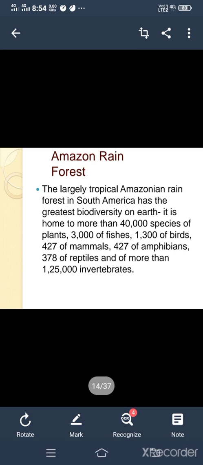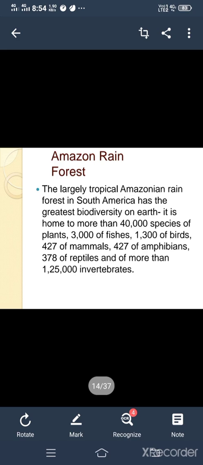It is called the lungs of the earth because a minimum of 10% of the atmospheric oxygen is released from the Amazon rainforest. The largely tropical Amazonian rainforest in South America has the greatest biodiversity on earth. That is, more number of plants and animals are present there than in any other place on earth.